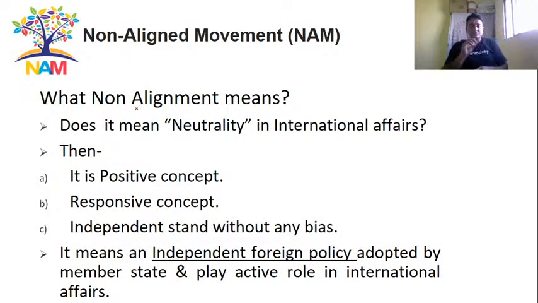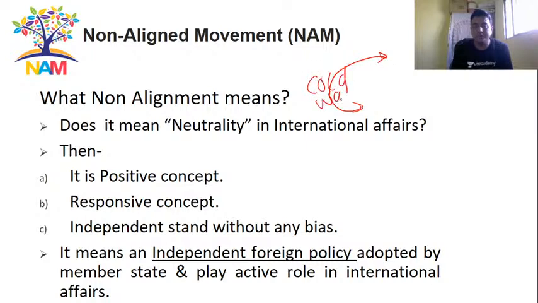So today we are going to discuss what NAM exactly means. Non-alignment means, does it mean neutrality in international affairs? For example, it was the Cold War era, and the world was divided into capitalist and communist ideologies. Anything that happens here, we are not going to entertain it.